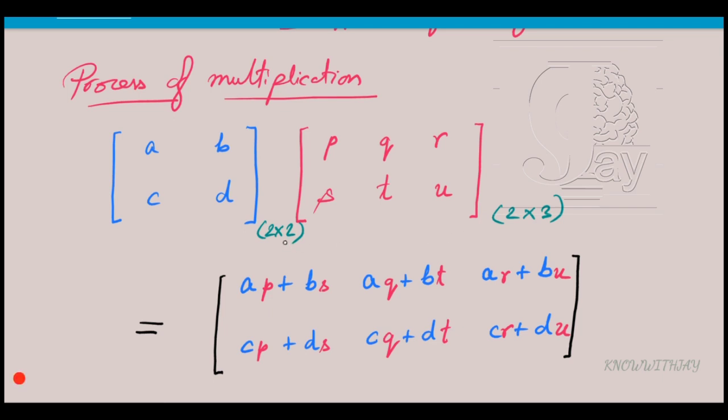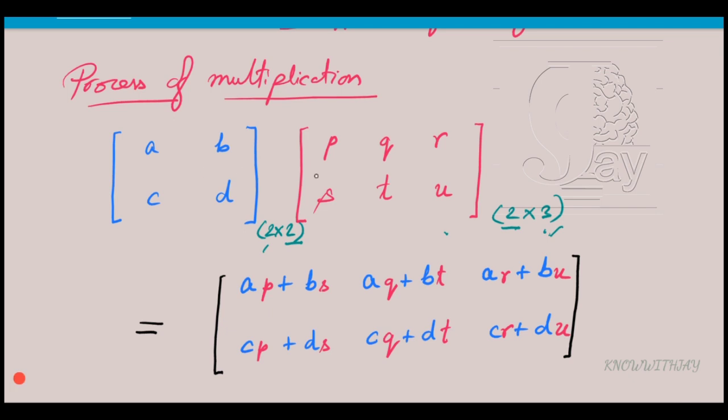We can see that the number of columns of the first and the number of rows of the second are exactly equal, so they can be multiplied. If you take the second matrix first and multiply by the first matrix, you will not be able to multiply them, because the number of columns of the second matrix is not equal to the number of rows of the first matrix.